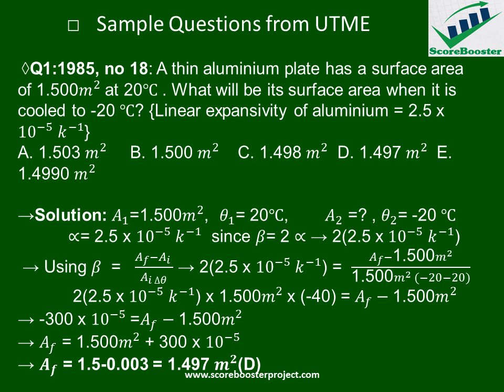So if we rearrange it, we have AF, which is the final area, equals 1.500 meters square minus 300 times 10 to the power minus 3. 300 times 10 to the power minus 3 is 0.003. So our answer is AF equals 1.5 minus 0.003, and that will give us 1.497 meters square, making option D the correct answer for this particular question.